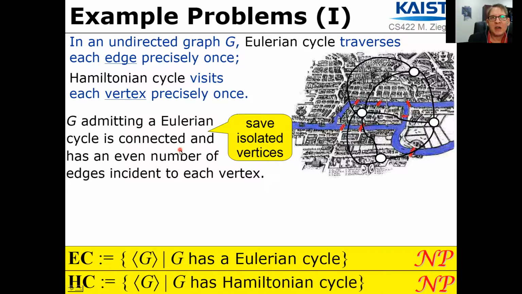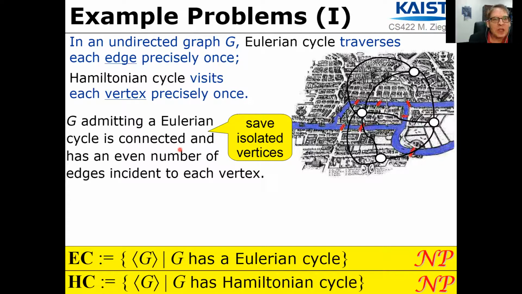So whenever in a Eulerian cycle a vertex gets visited, it's also left. And if it's visited a certain number of times, then it's entered and left twice as often, and therefore an even number of times.